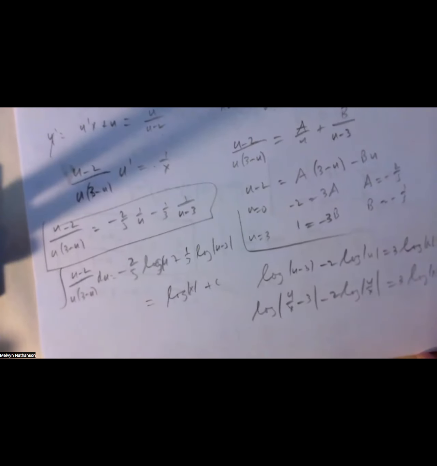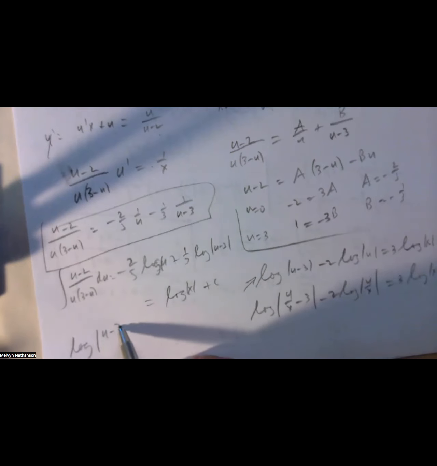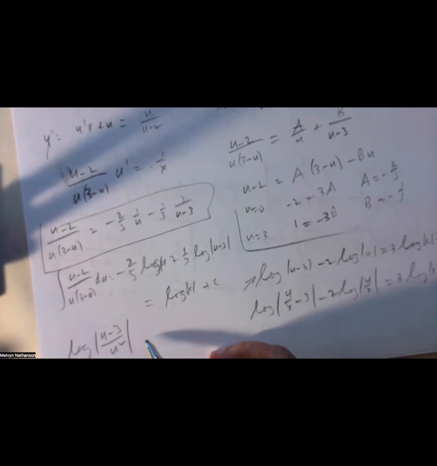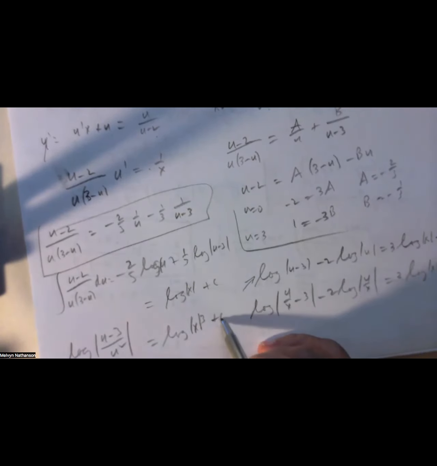And let me see if I can do a little bit better than this, because this is the log of u minus 3 over u squared equals the log of x cubed plus c.